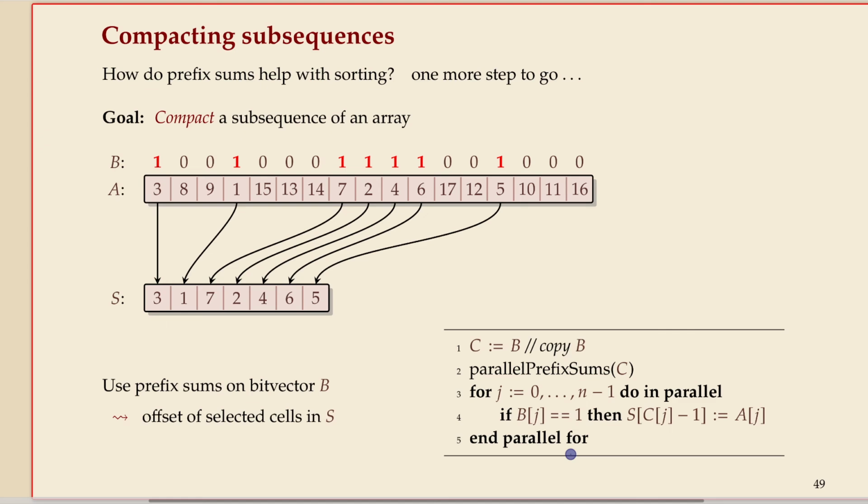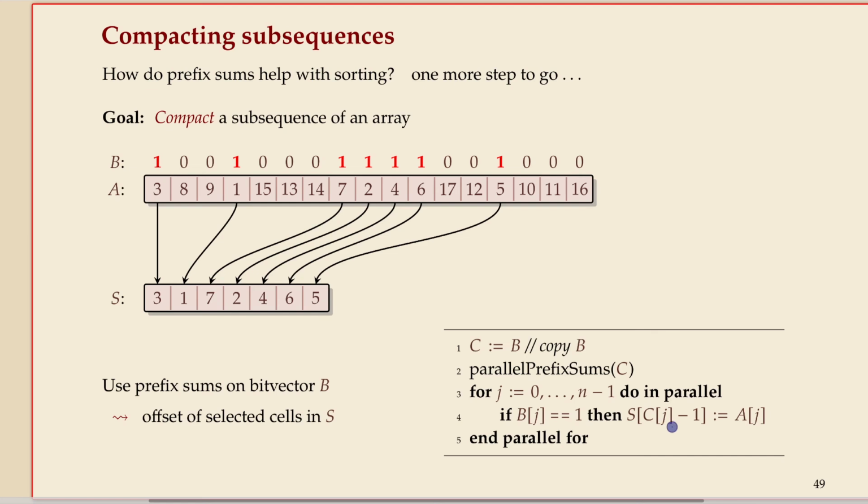So formally spelled out as code, you compute the prefix sums on a copy of B so that you have B still around. And then you can have a parallel loop where you're only doing anything if you're assigned to a position in A that is 1. So if the original bit vector is a 1, then you're doing something. Otherwise, you just do nothing. And what you do is you write your element into the appropriate position in S. And which position should that be?